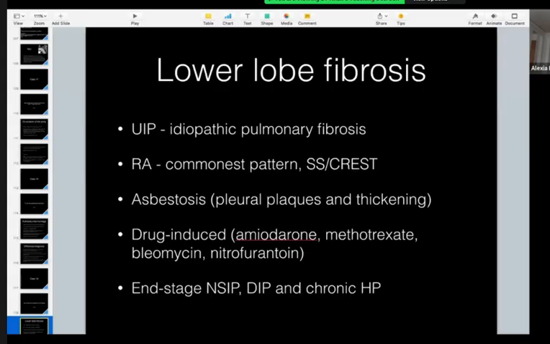If the patient is a cardiac patient on amiodarone, or on immunosuppressive therapy, methotrexate in particular, these can also give a drug-induced lower lobe fibrosis. Also a history of known NSIP or DIP, desquamative interstitial pneumonitis, which happens in smokers, or chronic hypersensitivity pneumonitis, can develop lower lobe fibrosis as end stage.